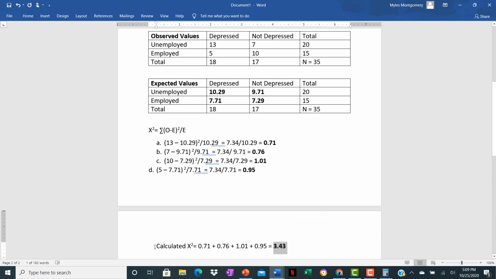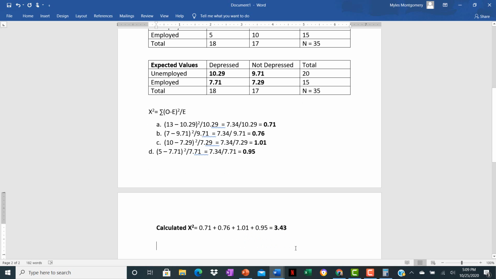And now we have to ask ourselves a new question. Since we have the calculated value, we have to compare the calculated to the critical. The way to find the critical value, we have to start with the degrees of freedom, or df, which equals number of columns minus 1 times number of rows minus 1.